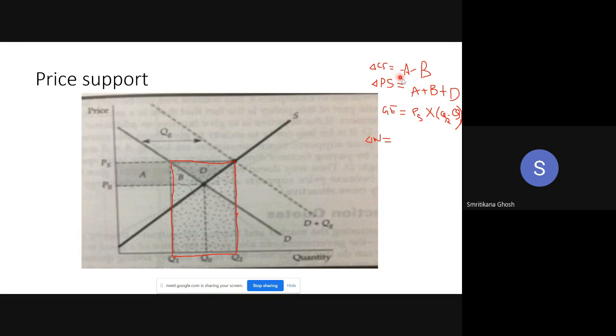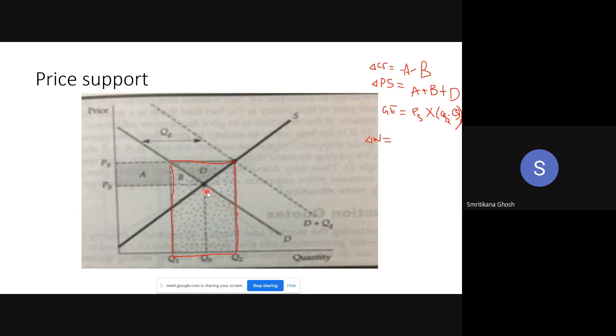B is given by the consumer. B is received by the producer. So nothing is left from the consumer's point of view. Whatever he is given, it is received by the producer. But D is also received by the producer. Who is giving D? D is given by the government, right? D is given by the government in terms of government expenditure because D is within this area.